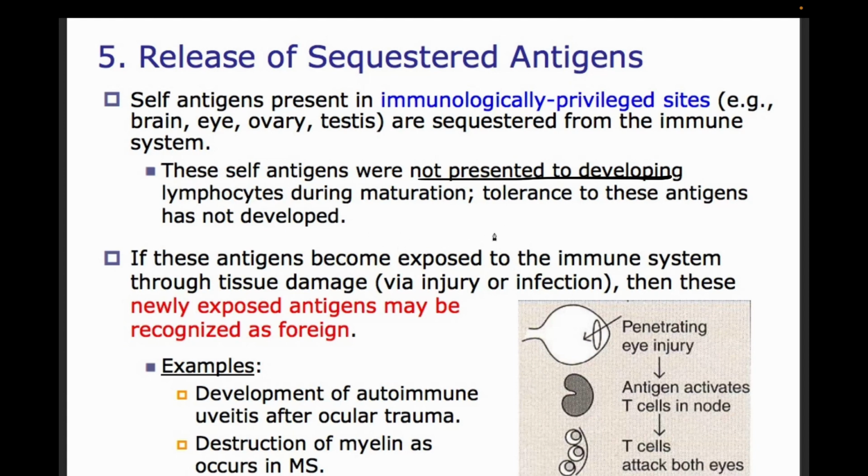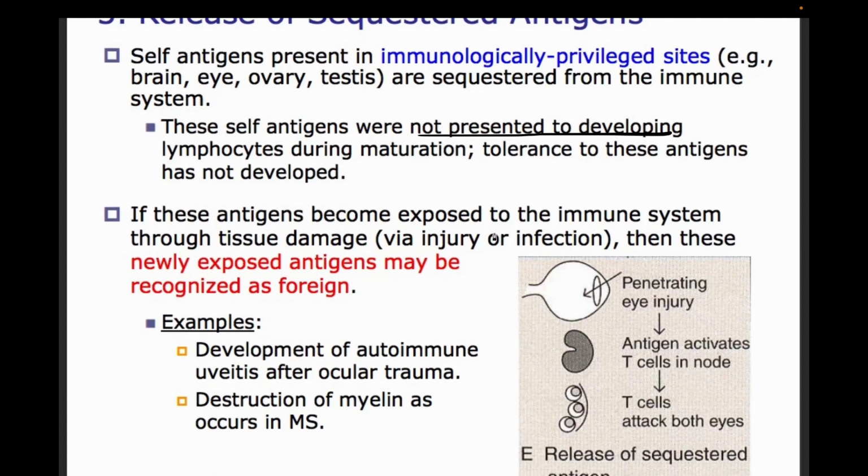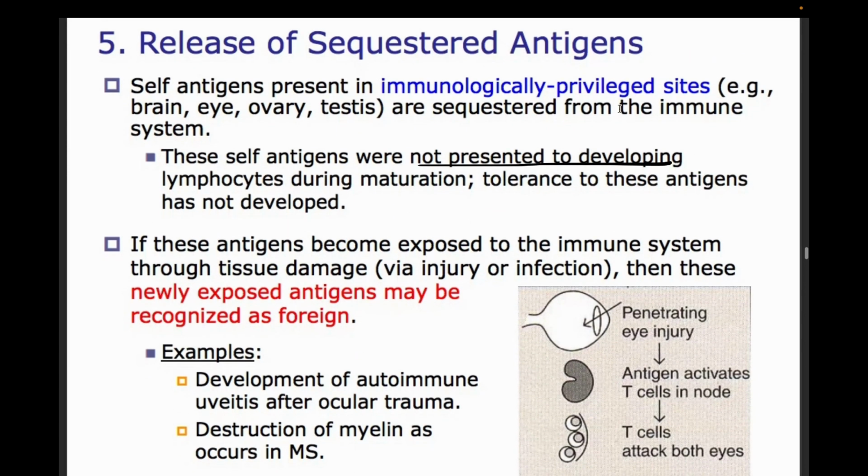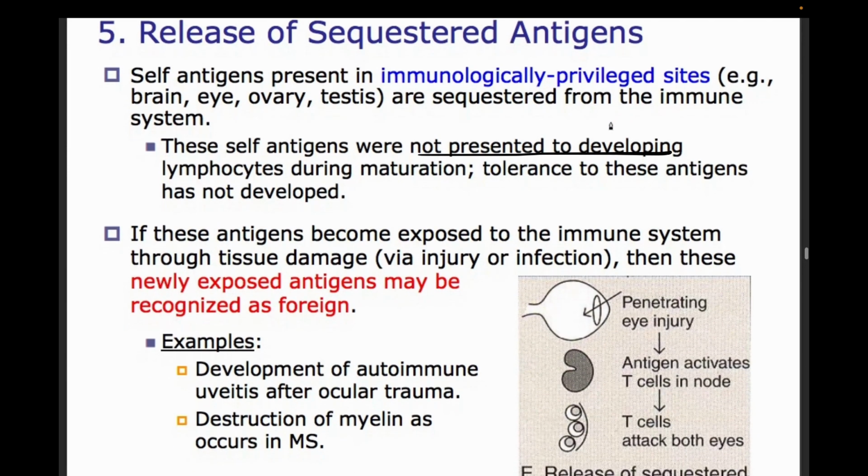Therefore, due to a specific injury, for example in the eye, hemorrhage can happen in the eye. When blood reaches the sequestered antigens, they are noticed by the immune system.